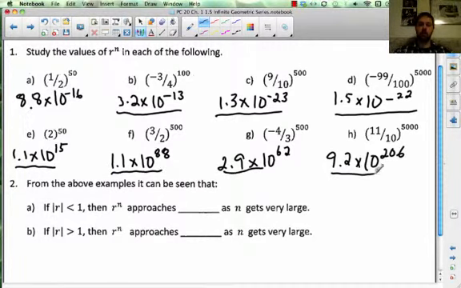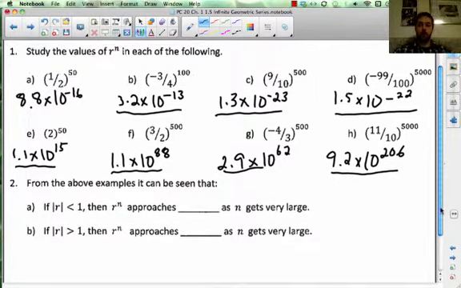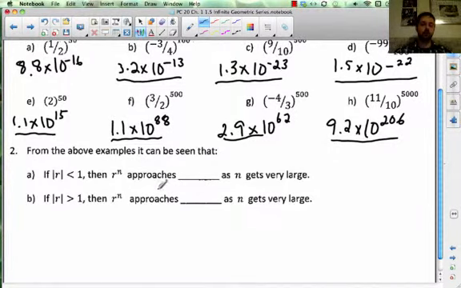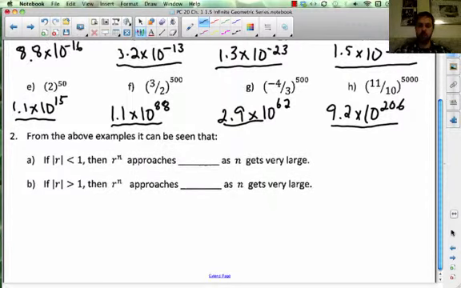So 9.2 times 10 to the 206 is 92 with 205 zeros after it. That's a lot of zeros. That's a huge number. So I want you to fill in these on your own, and if you have any trouble doing that, just go ahead and ask me.